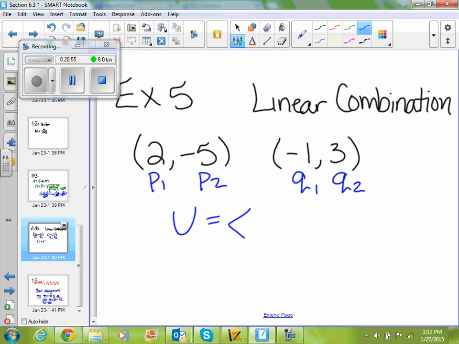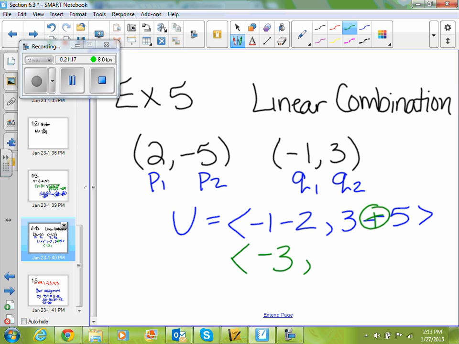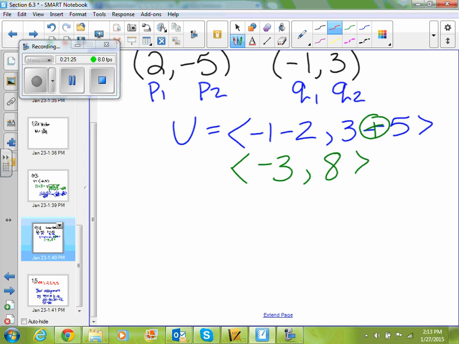Q1, which is -1, minus P1, which is 2. Q2, which is 3, minus P2, which is -5. Well, -1 minus 2 is -3. 3 minus -5 becomes 3 plus 5, which is 8. So my component form of my vector is -3, 8.